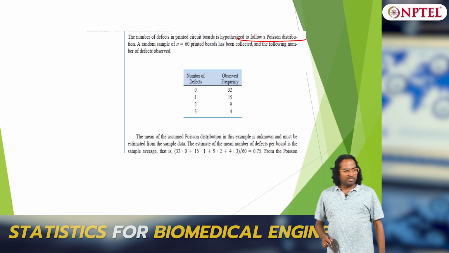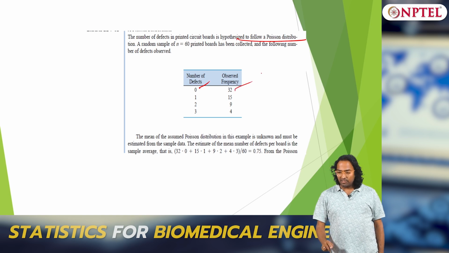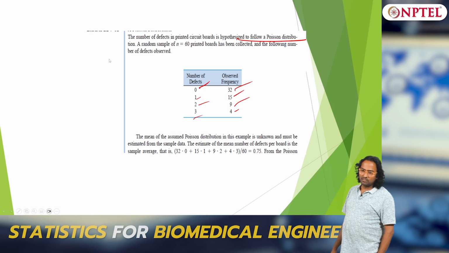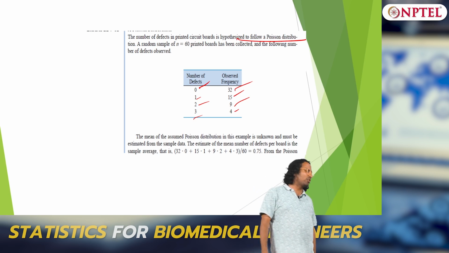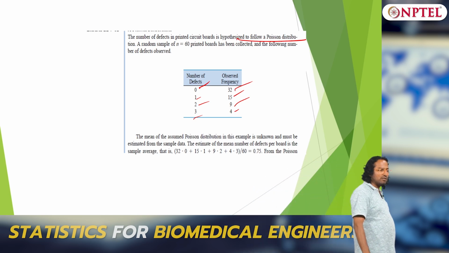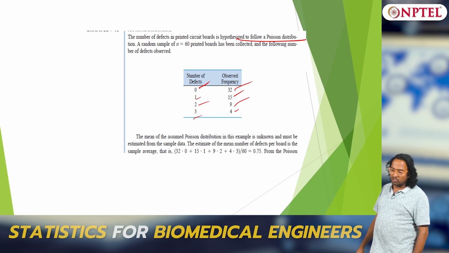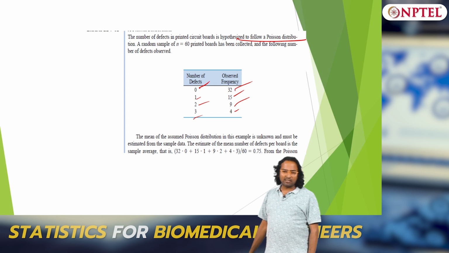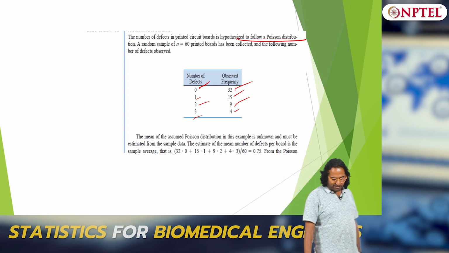So 60 PCBs are taken: 0 defects occurs 32 times, 1 defect 15, 2 defects 9, 3 defects 4. Clear? This is my observation. I want to know whether this data follows a Poisson distribution or not. You understand the question? PCB boards can go faulty, it is usually a rare event, so I assume that it is a Poisson distribution and my observations are given.